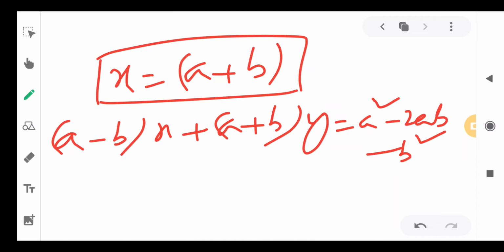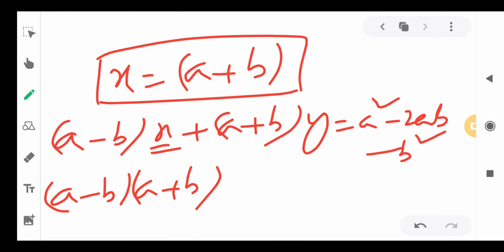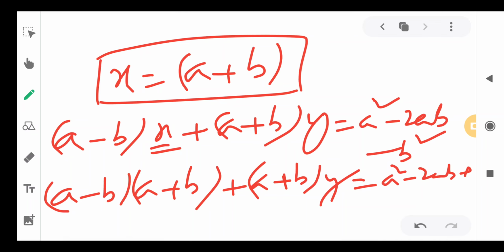In this equation, wherever x is there, we put a plus b, because the value of x is a plus b. We don't know the value of y, so we write it as it is, (a plus b) into y. The right side is as it is: a square minus 2ab minus b square.